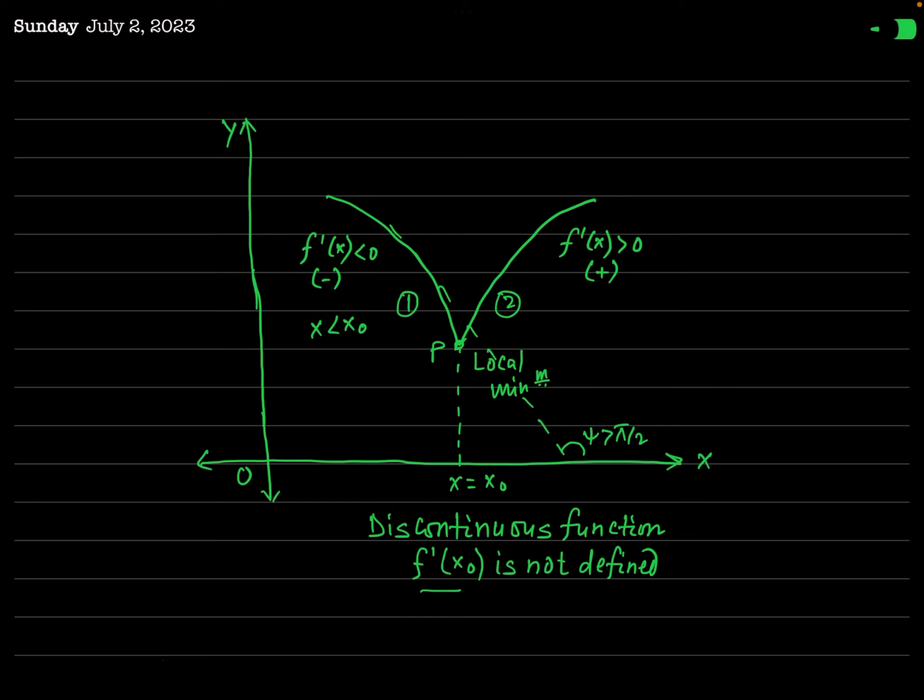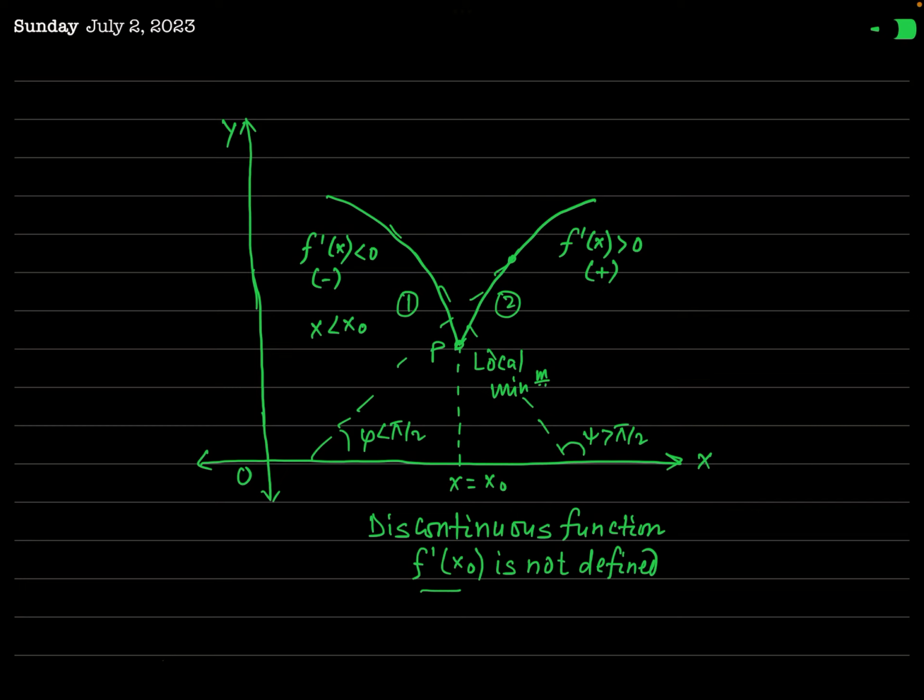So I have written here that f dash of x is less than 0. But if you consider any point on this second part of the curve and draw a tangent there, you can see that the tangent will make an angle phi which is less than pi by 2, and so in this region the slope of the curve, or f dash of x, will be positive, that is, greater than 0.